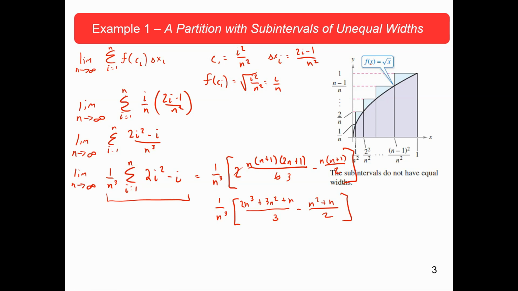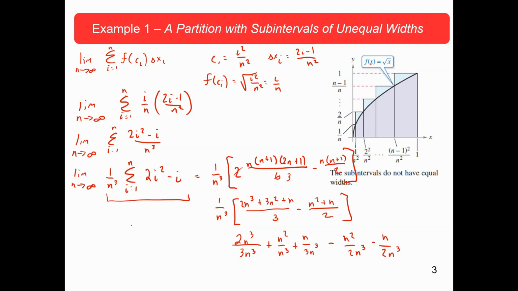So this is going to give us, let's go ahead and multiply this out. So we'll get 2n cubed over 3n cubed plus n squared over n cubed plus n over 3n cubed minus n squared over 2n cubed minus n over 2n cubed.